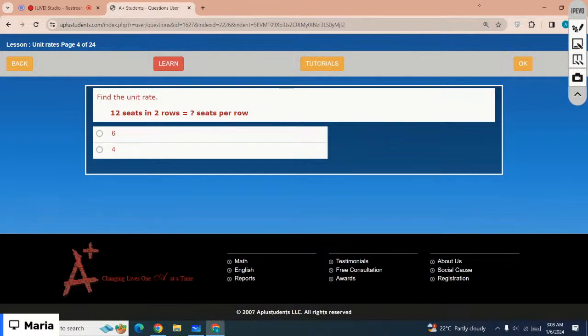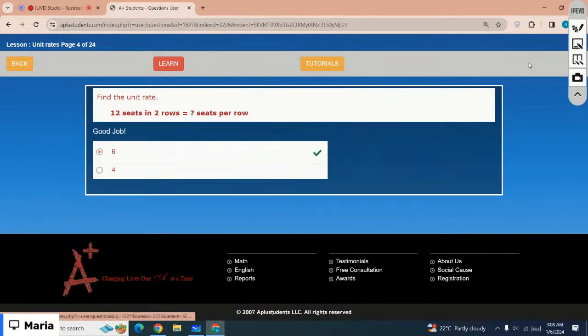Yes, that is 6 seats per row. 12 divided by 2 is 6. So we have 6 seats per row. The correct option is 6.